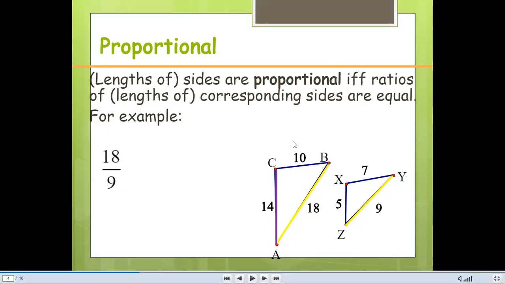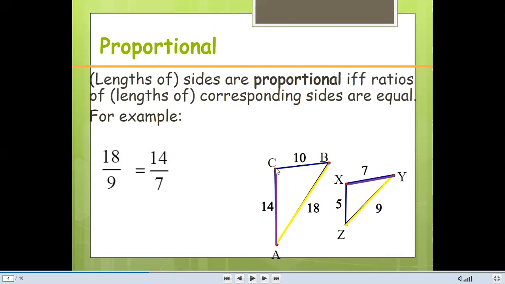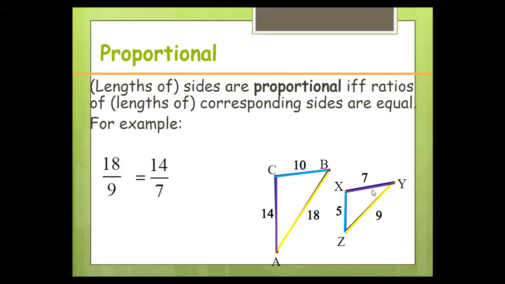What are the next two sides which we can use? We have CB over XY, then AC over XY, 14 over 7, which is equal to 2.